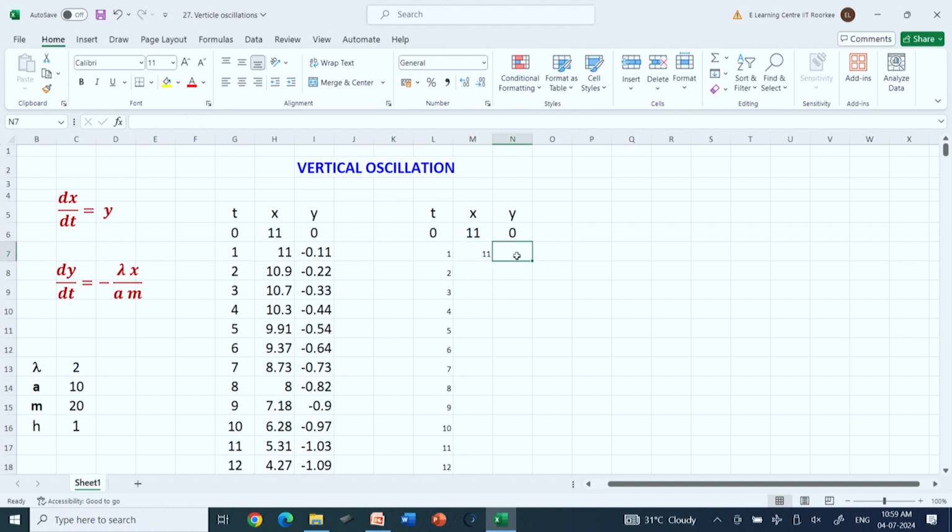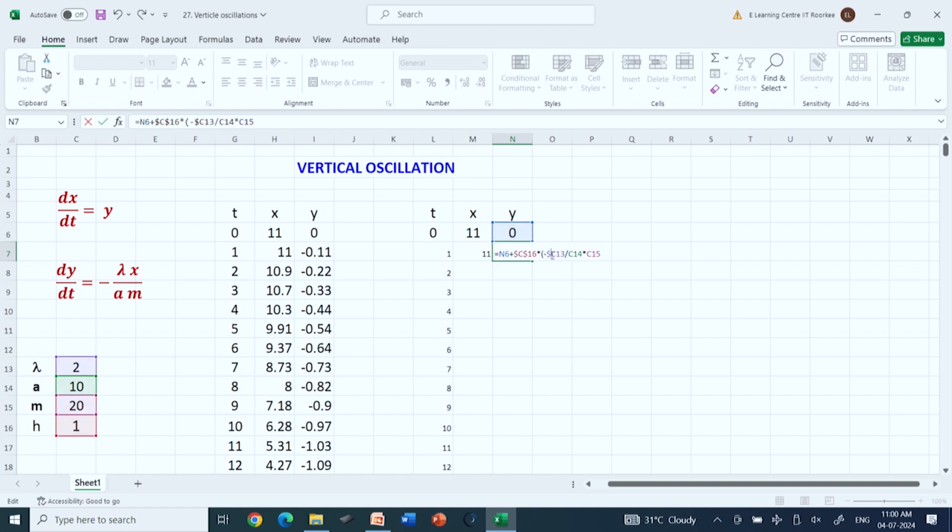This is equal to y0 plus h, which is a constant, so we insert the dollar sign, multiplied by minus lambda divided by a multiplied by m.